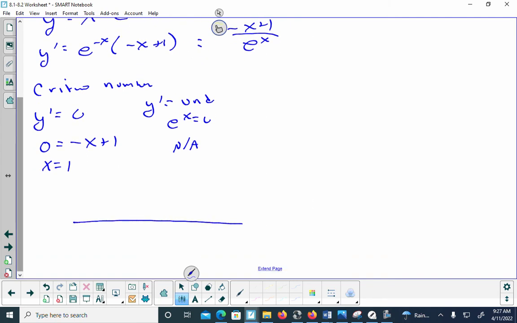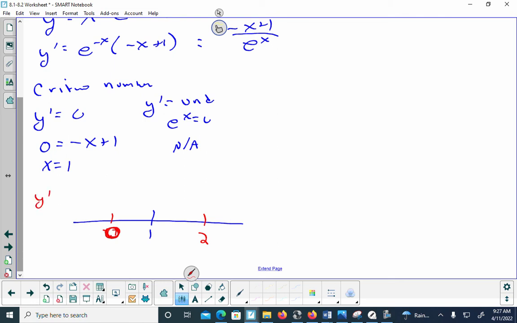So then I'm going to do my table. I'm going to pick test points. So let's say I pick negative 1, well, I probably pick 0, to be honest. And then let's say I pick 2. Then I'm going to go back and find the first derivative at those points.